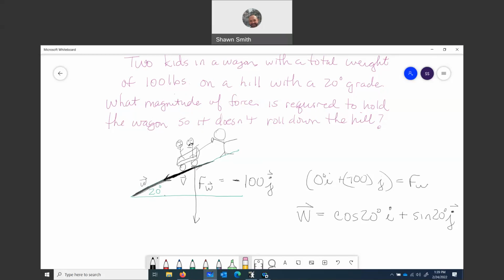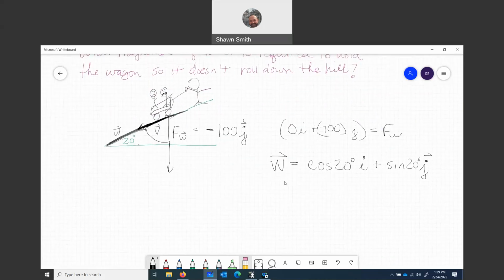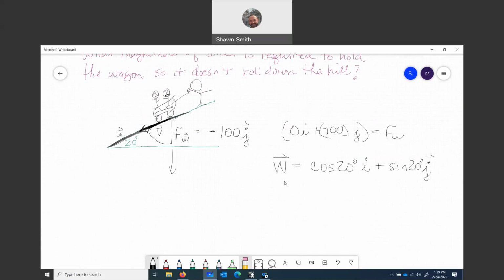Now, if I can get the vector projection of this onto W, I'll be able to calculate how much force is needed.